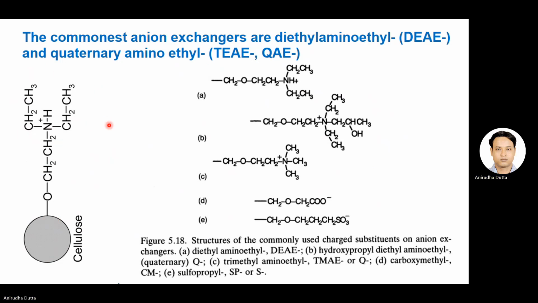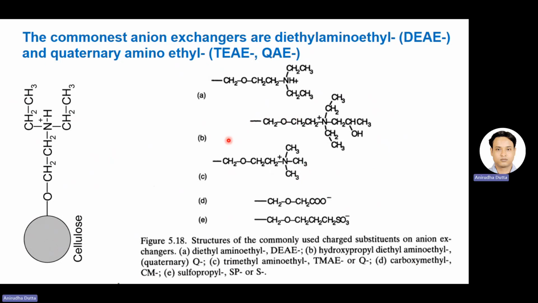The most commonly used ion exchange matrices are DEAE or QAE. DEAE is diethylaminoethyl, or the carboxymethyl group, that is CM.